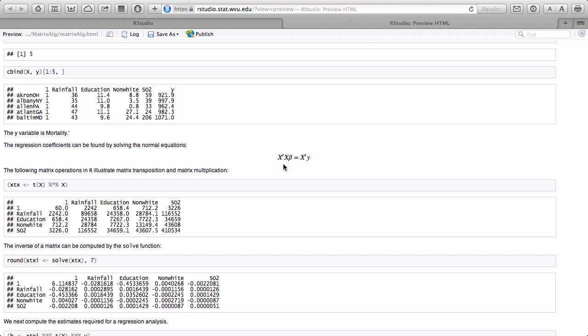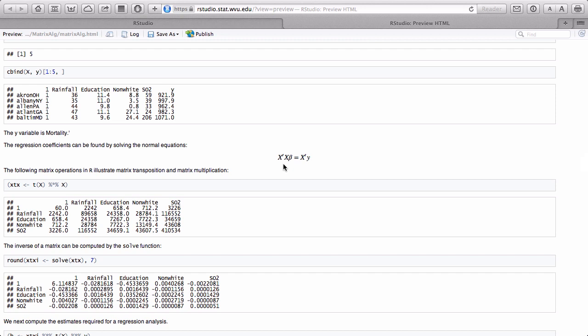Now, that isn't really the way R does it. R does it by what's called a QR decomposition of x. In other words, it simplifies x into a matrix Q, which is orthonormal, meaning Q prime Q is the identity matrix, times R, where R is a triangular matrix.